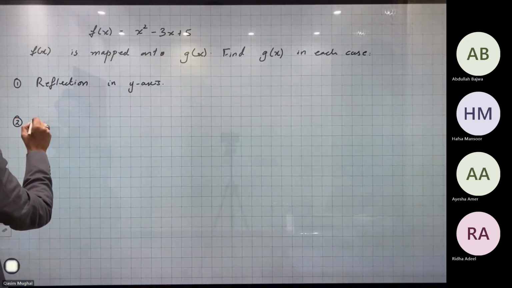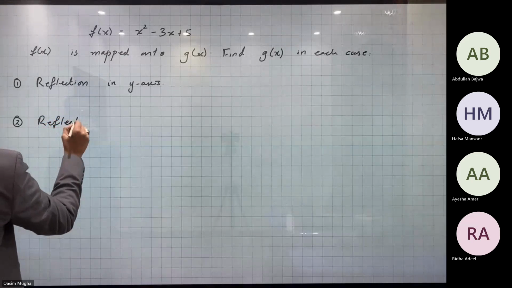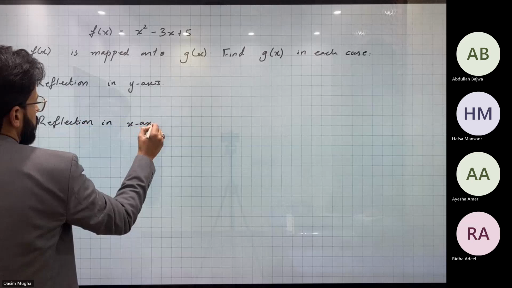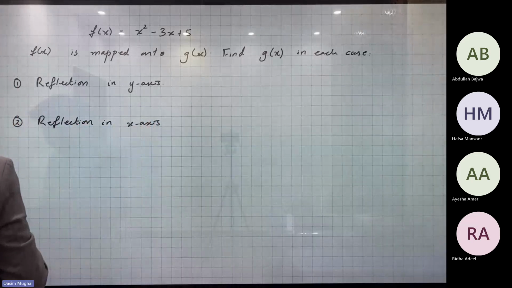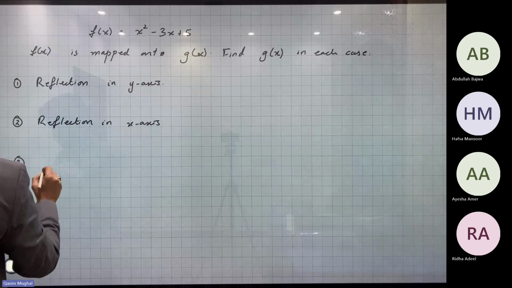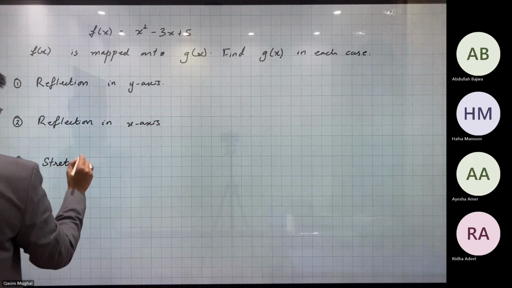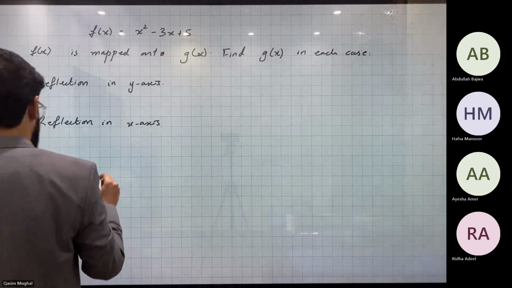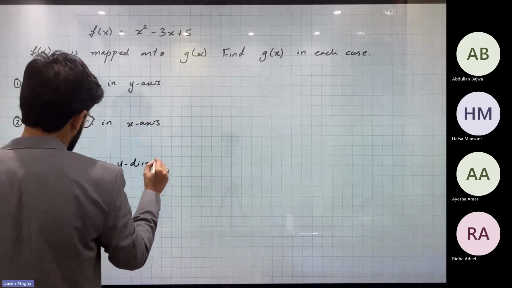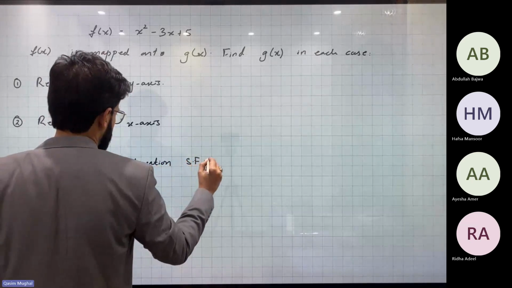Second, reflection in x-axis. Third, stretch in y direction. Stretch factor 3.